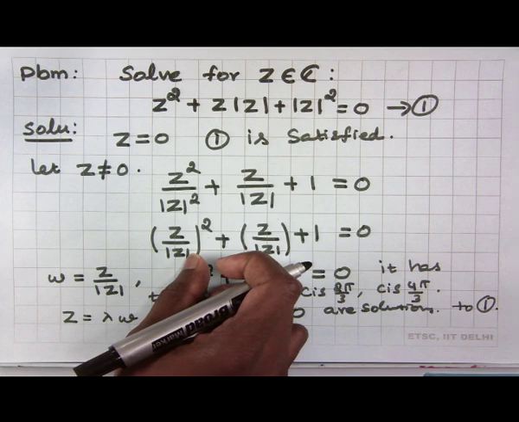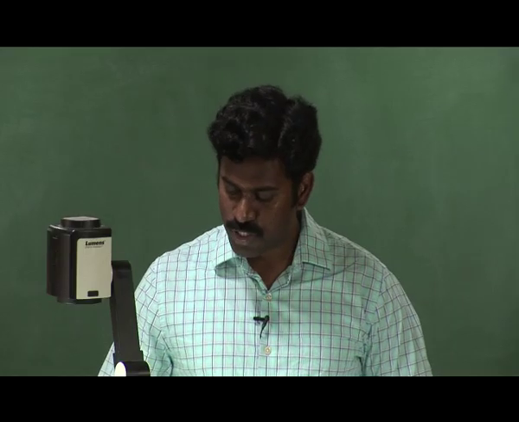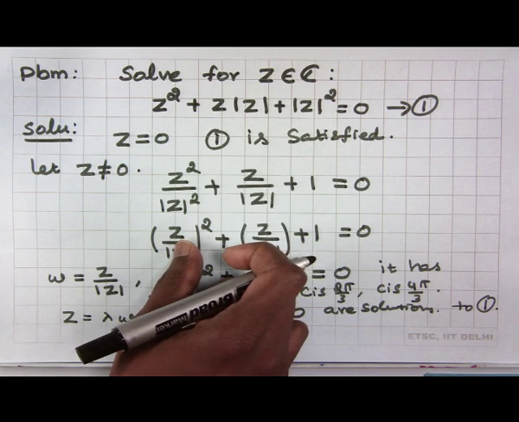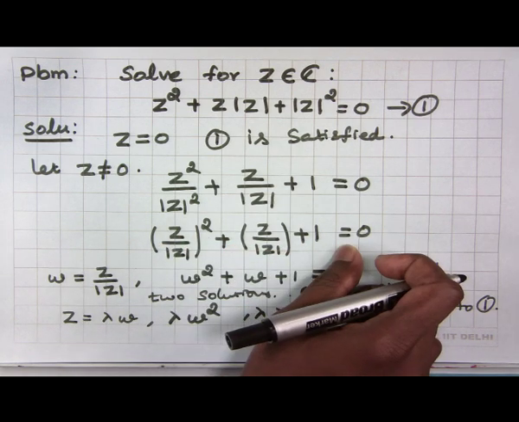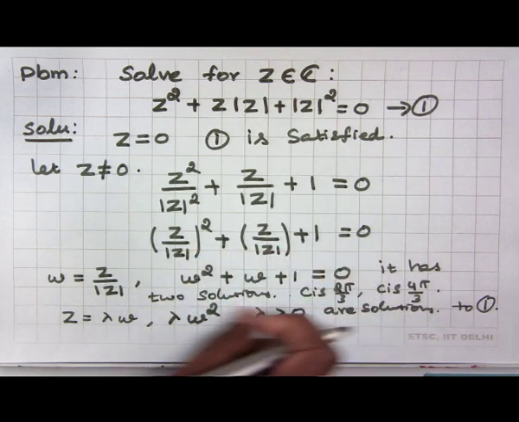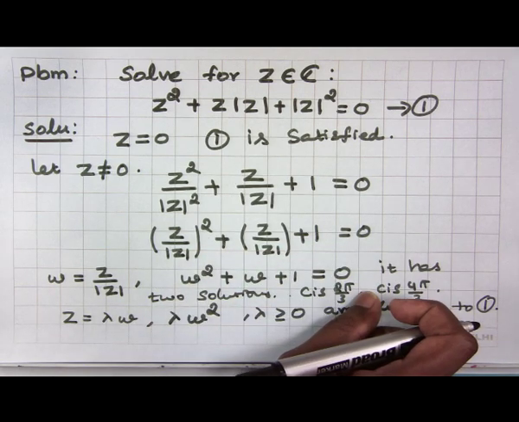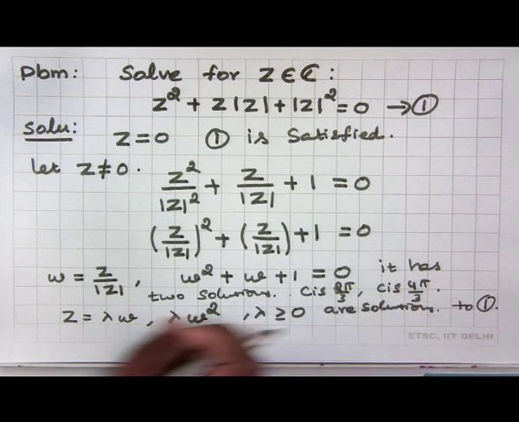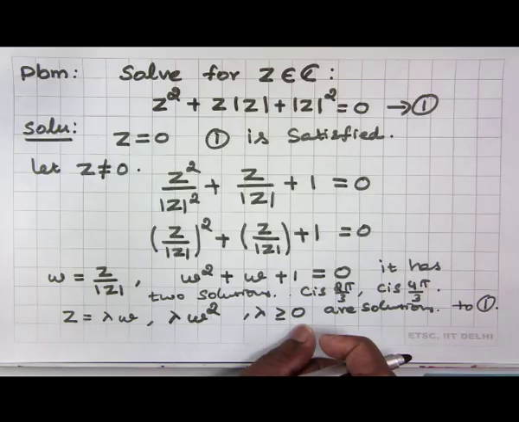So we are looking for a complex number which lies on the unit circle and satisfies this equation, and that is nothing but the cube root of unity, and from that we derived all other solutions.